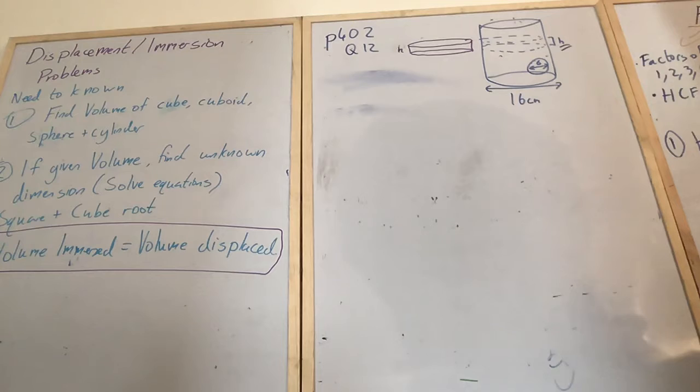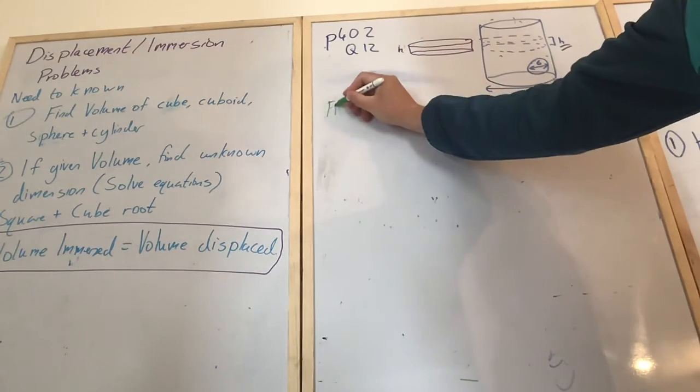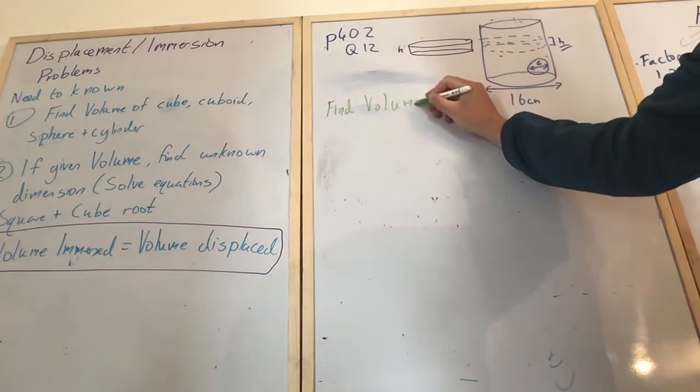So, using the four pieces of information we've looked at earlier on, we're going to go through it step by step. Step 1, we're going to find the volume of a sphere.